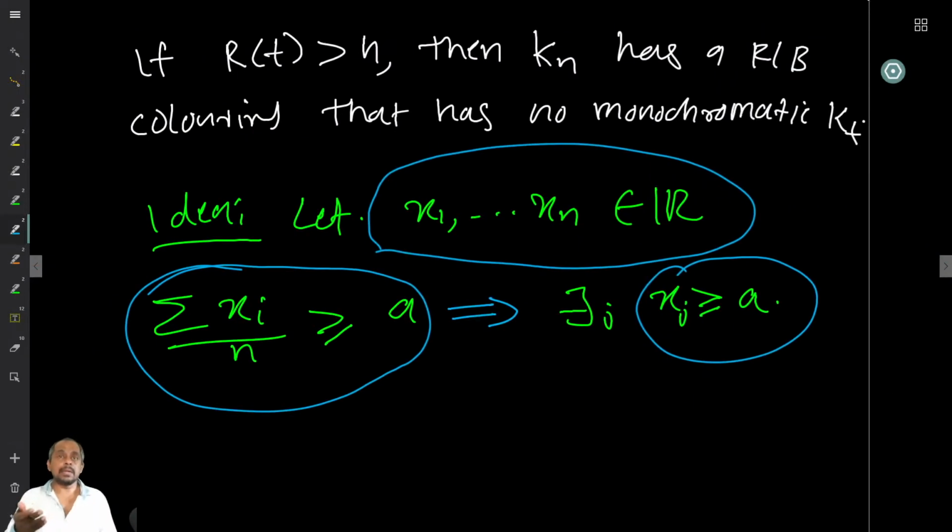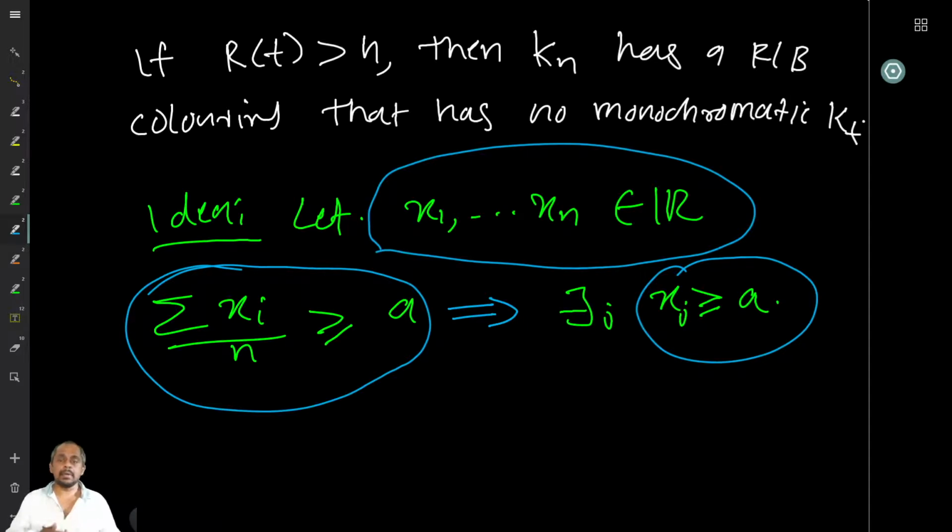How does this allow us to use probability? So the idea is that if I can show that the probability of something happening is strictly positive, that is, greater than zero, then that thing should exist.